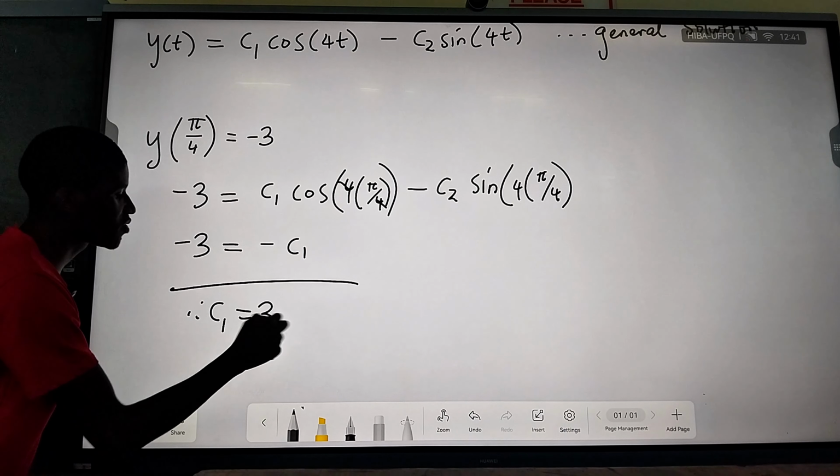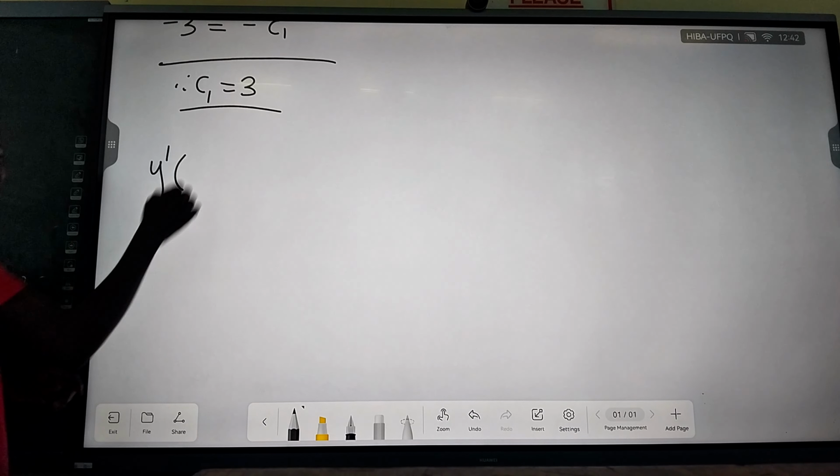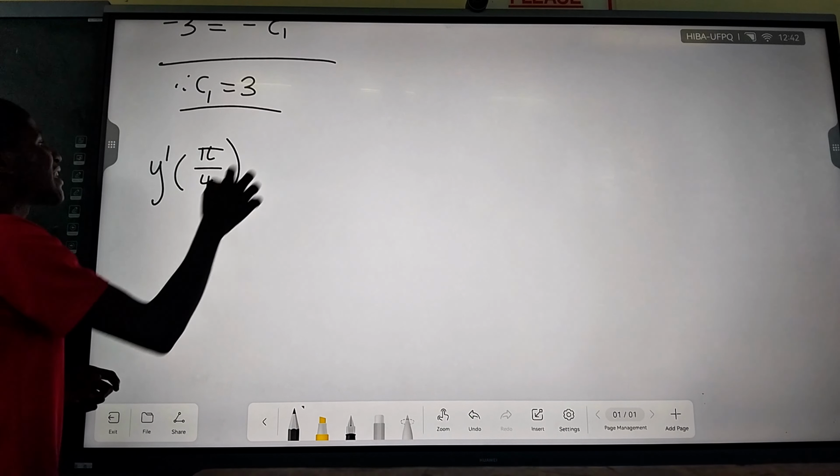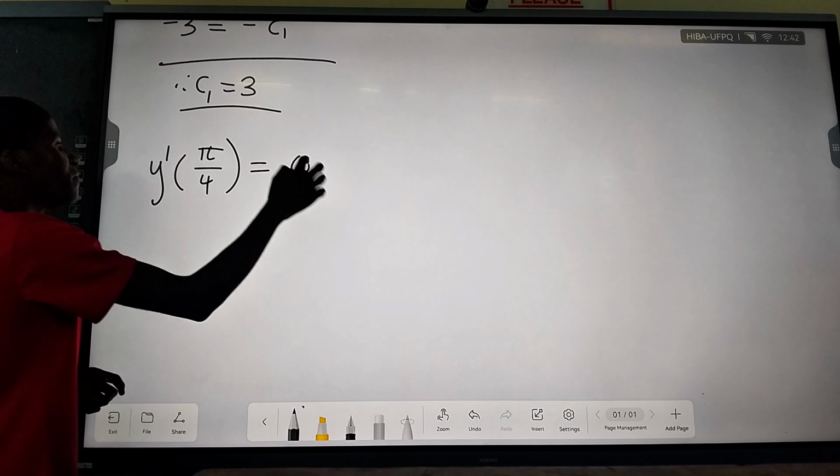How do you find c2 now? They've given you another initial condition: y prime at pi over 4 is 4. With the derivative, when the value of t is pi over 4, the value of y prime is 4. So you must take this equation and derive it.